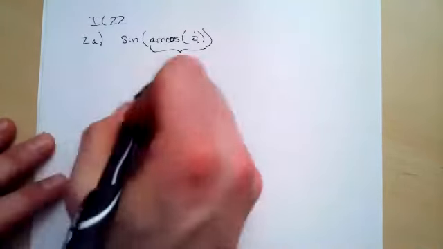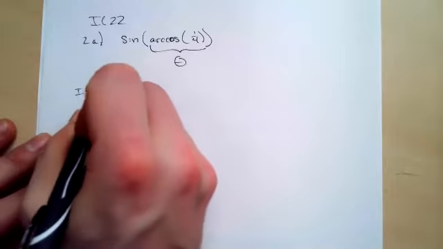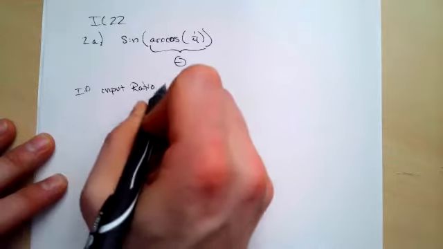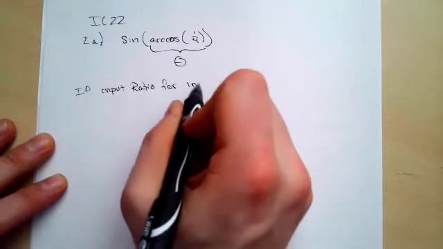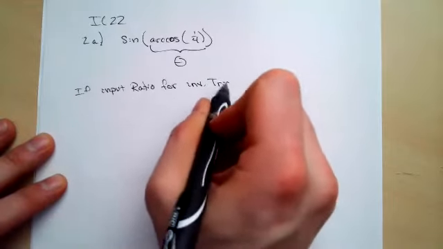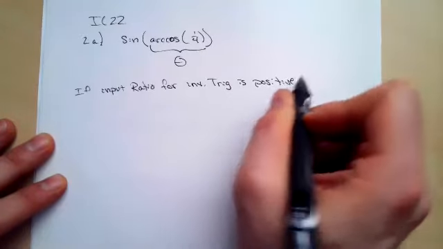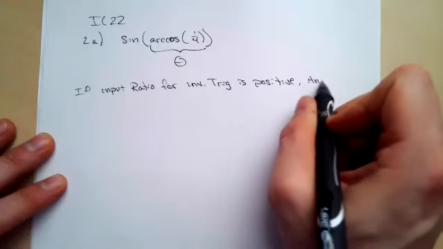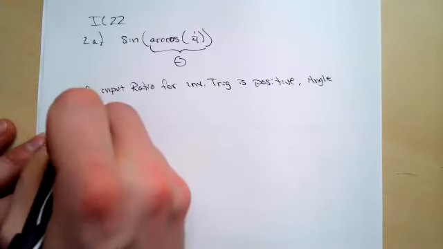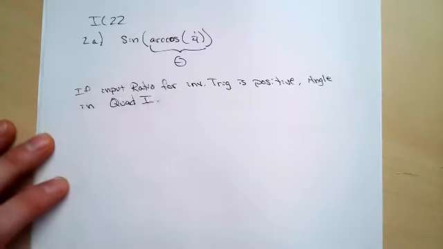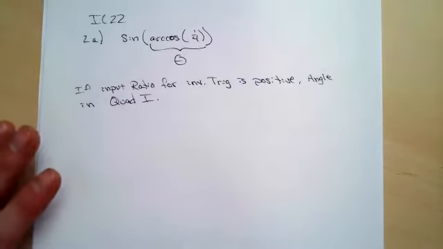So general rule, if the input ratio for an inverse trig is positive, then the angle is in quadrant 1. This is why we like using quadrant 1. It works for all of the trig functions.